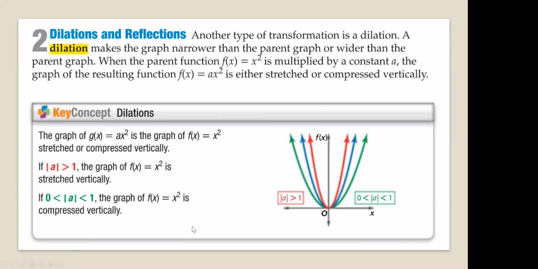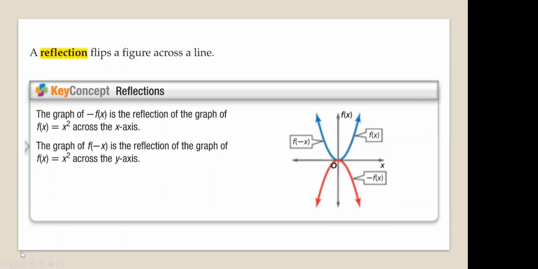And if it's between 0 and 1, then it's going to compress it vertically. And then if you have a negative coefficient in front of x squared, that's going to flip your parabola. Only positive coefficients in front of x squared give you a parabola opening upward.